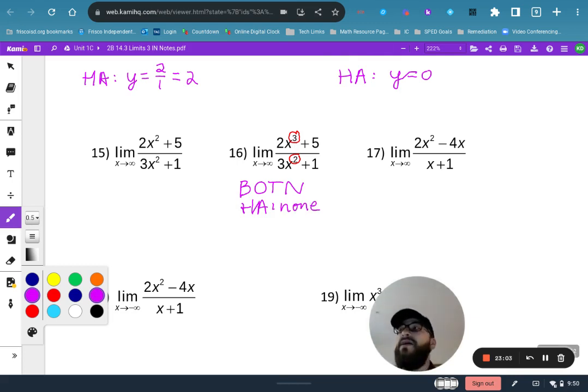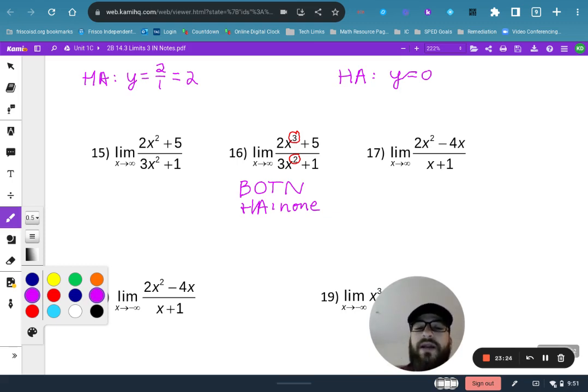Okay, so because we don't have a horizontal asymptote, that means our answer is positive or negative infinity. So because it is positive or negative infinity, we got to figure out which one it is. And kind of just like with our vertical asymptotes, where we plug in a number just to the left or just to the right of the vertical asymptote, we're going to plug in a number depending on which infinity our limit is approaching. So our limit is approaching positive infinity.